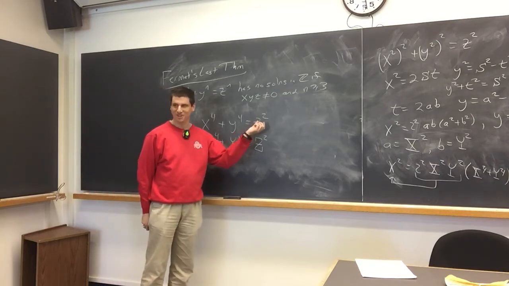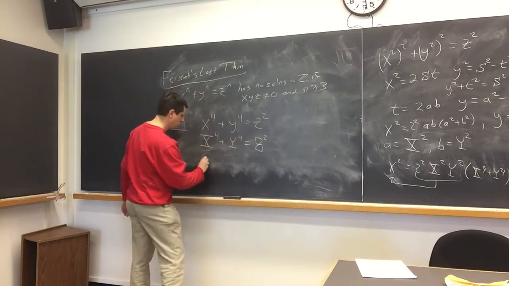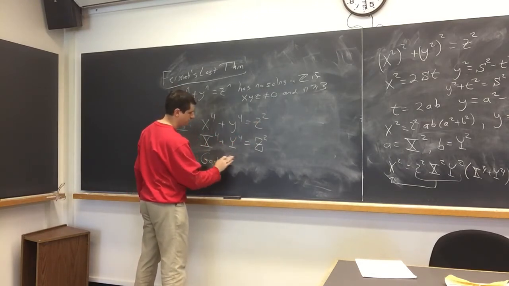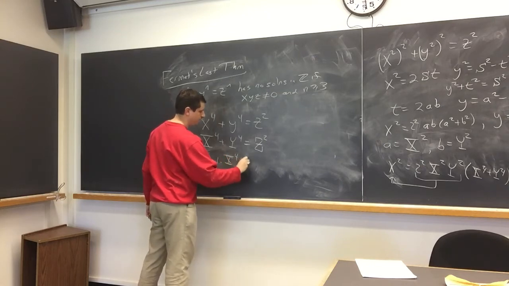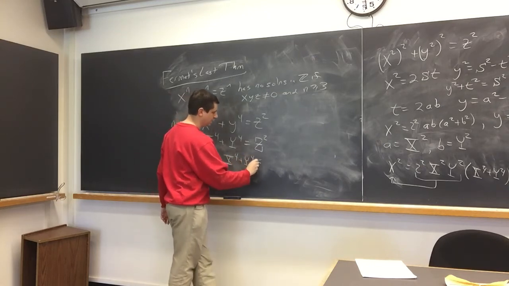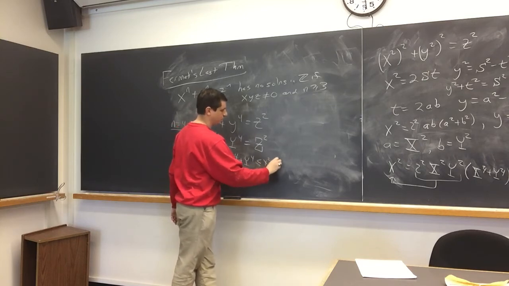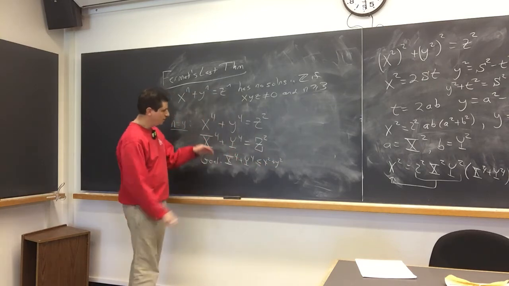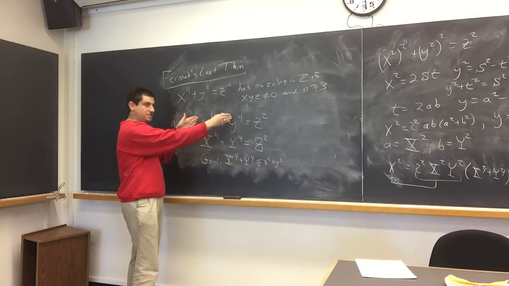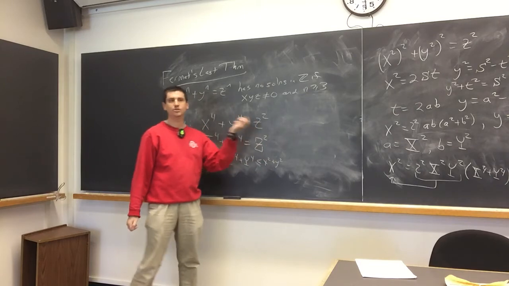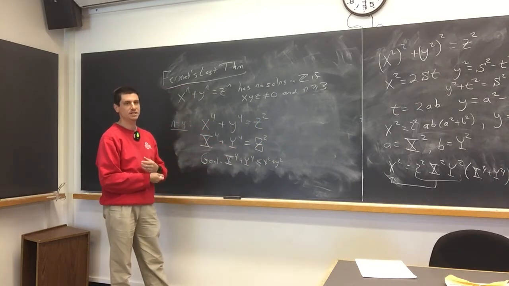So basically we just need to chase things, and the goal now is to show x to the fourth plus y to the fourth is strictly less than x squared plus y squared. Because if we can show that this sum is less than this sum, we found a solution that's smaller. So now it's just going through the algebra and piecing things together.